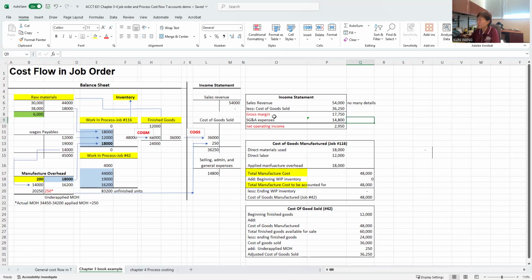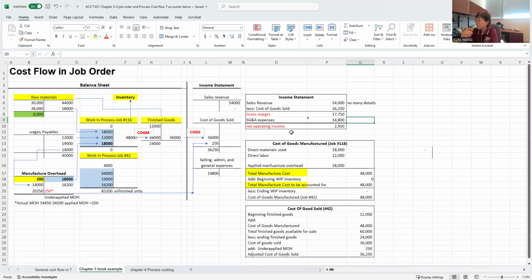So gross margin, then minus the SG&A period expense, or if you have some research and development or other related operational expenses, you can deduct them after the gross margin. Then we get the net operating income before you deduct income tax expense, or add or subtract additional revenue or expenses, such as your interest revenue, dividend revenue, or extraordinary gains and losses.